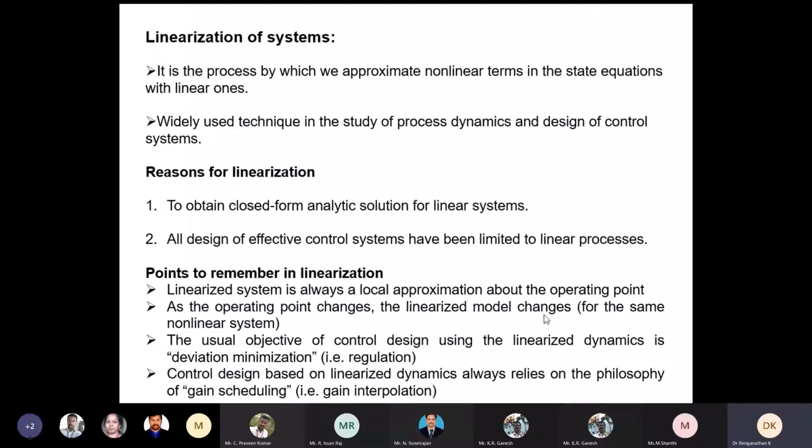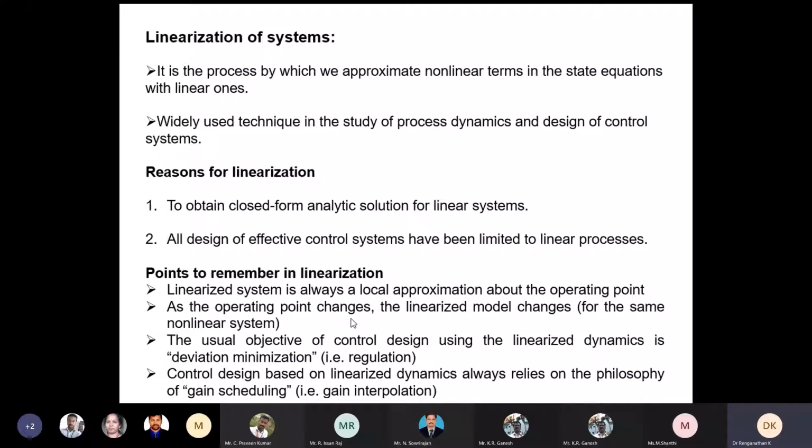Everything depends upon the point at which we are going to consider the linearization. If I take it in the form of a graphical output, in a nonlinear system itself there will be a linear part.